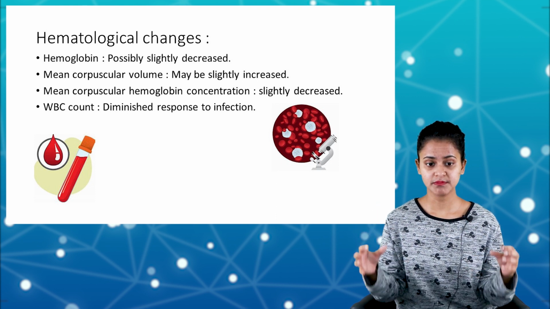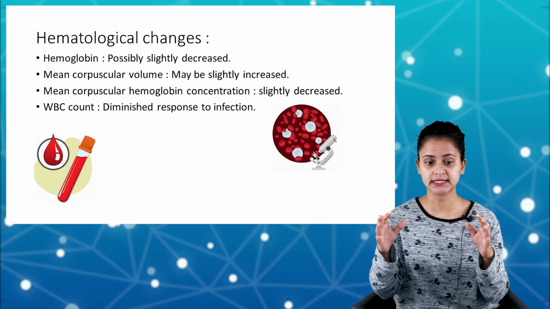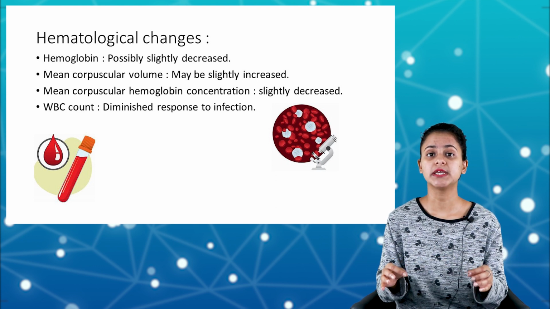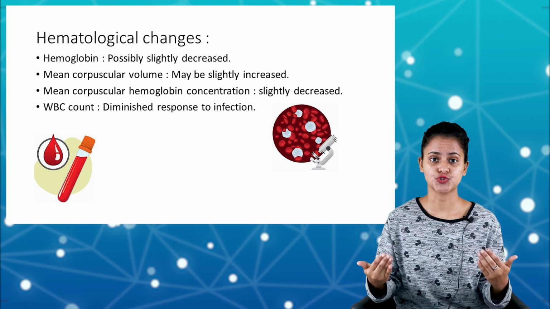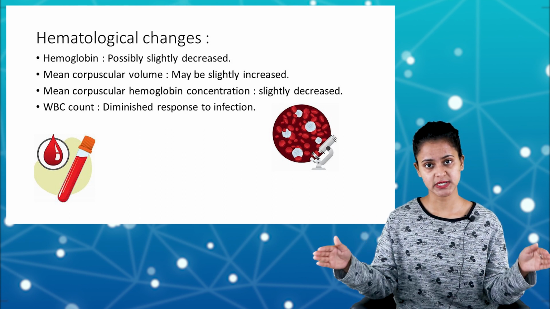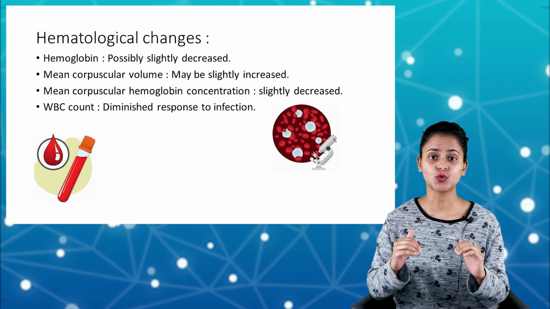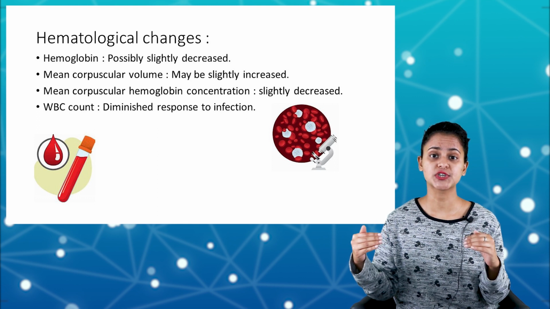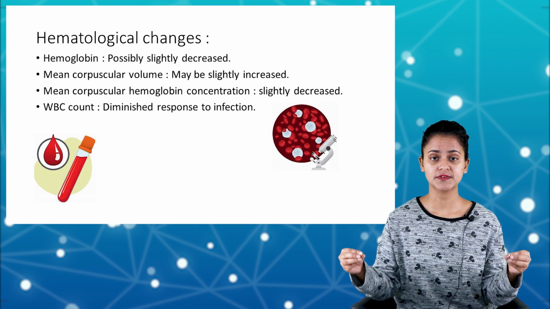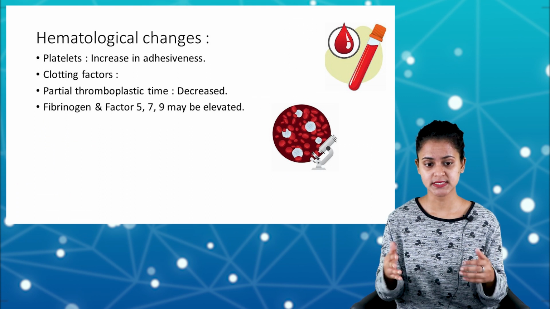We're often going to see the mean corpuscular hemoglobin concentration slightly decreased, and the white blood cell count will be diminished in response to infection. Even though there is infection in our older adults, the white blood cell count will not show an elevation. This basically suggests that the effectiveness of the white blood cells here will be diminished. The next is platelets.